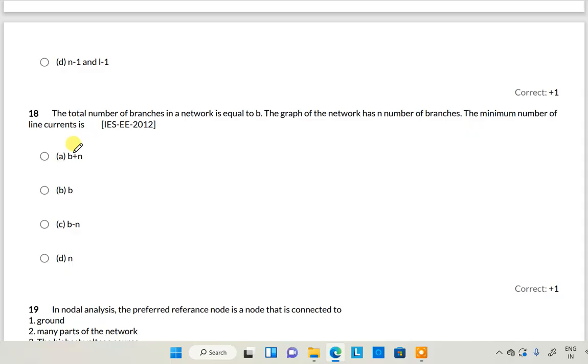Next, question number 18. The total number of branches in a network is equal to B. The graph has N branches, the minimum number of line currents will be. The formula: minimum number of line currents is equal to B minus N. So the formula here is B minus N, option C is the correct option.